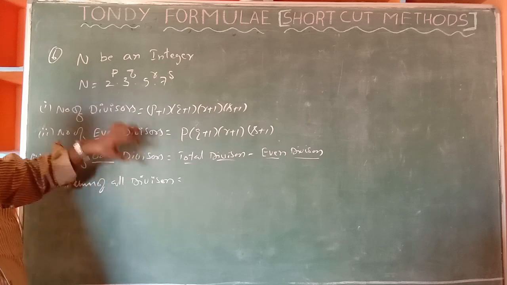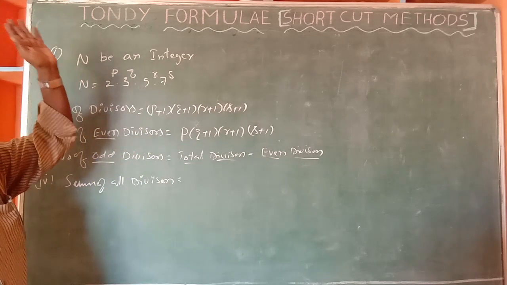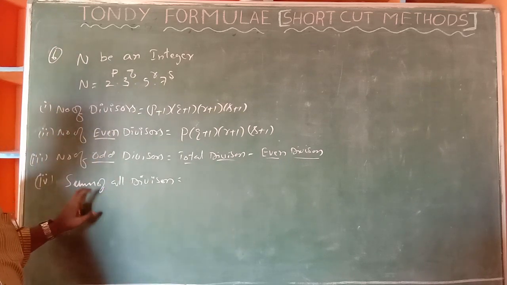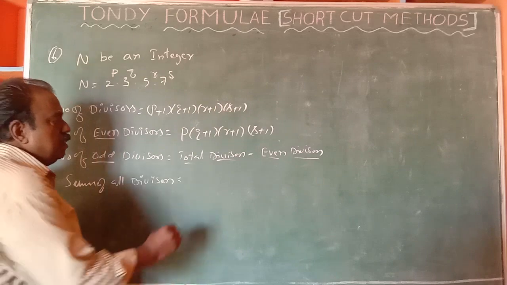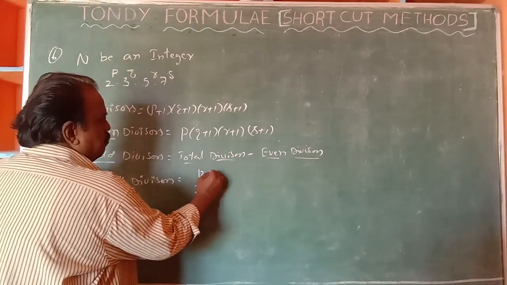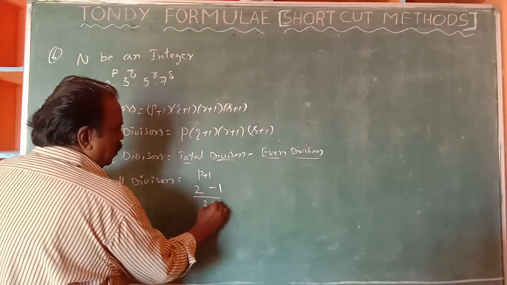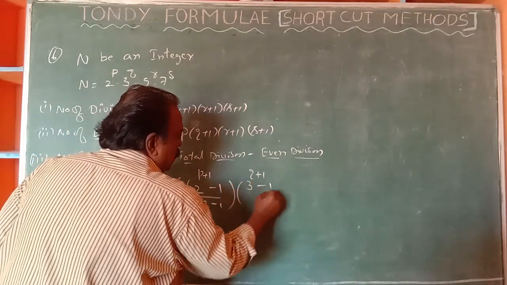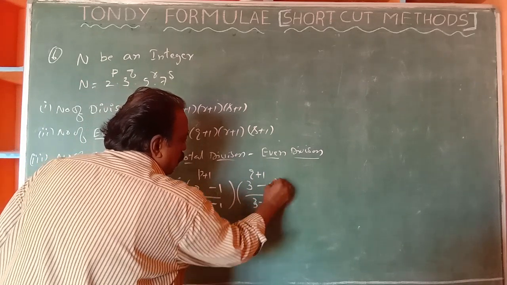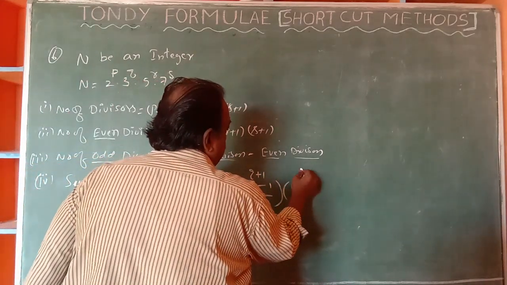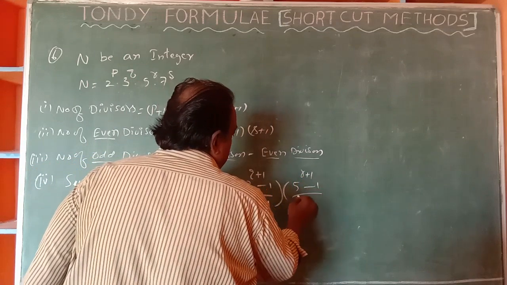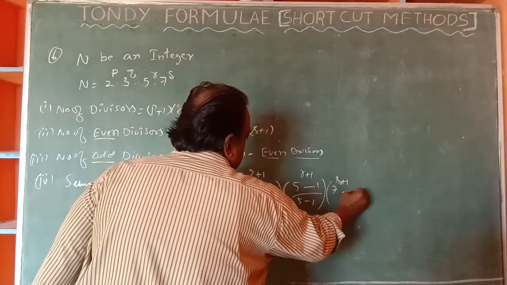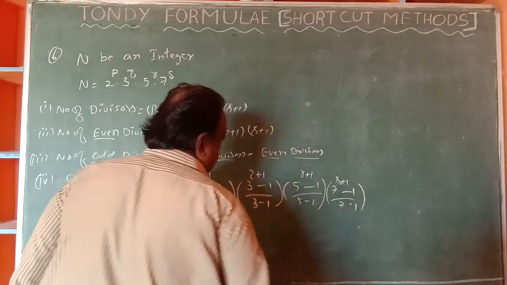After finding all divisors, if you add them totally, what is that sum? That is the question. It is (2 power p plus 1 minus 1) by (2 minus 1) into (3 power q plus 1 minus 1) by (3 minus 1) into (5 power r plus 1 minus 1) by (5 minus 1) and (7 power s plus 1 minus 1) by (7 minus 1).